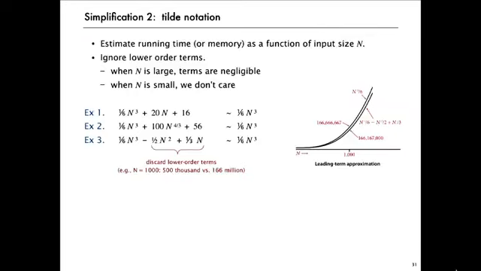And the second simplification is that we're going to ignore low-order terms in the formulas that we derive. And there's an easy way to do that. It's called the tilde notation. And the idea is, when n is large in a formula like this, the n cubed term is much, much higher than the n term, or 16.